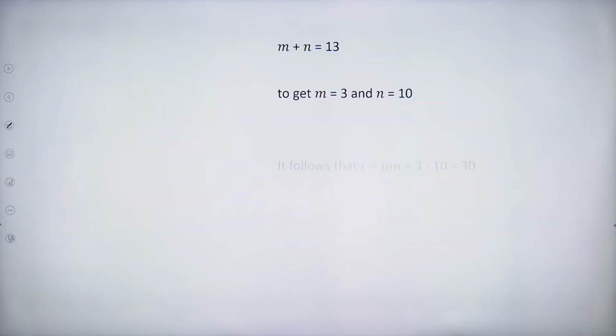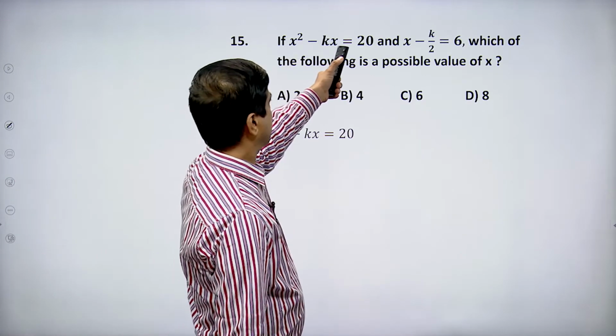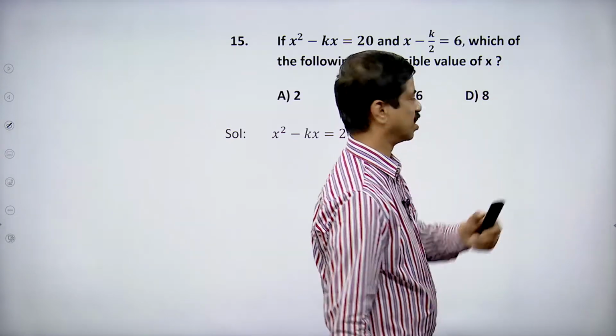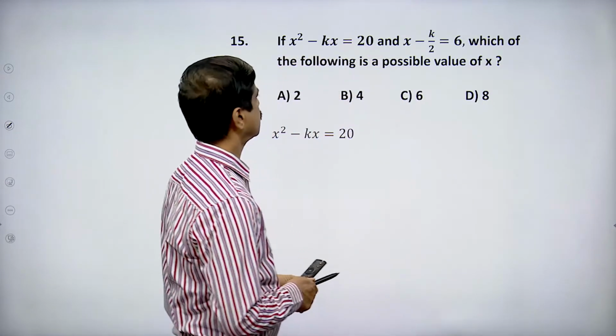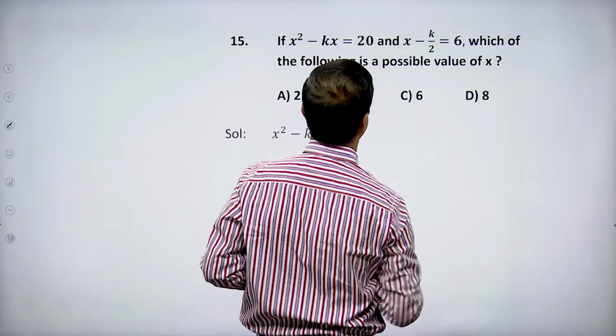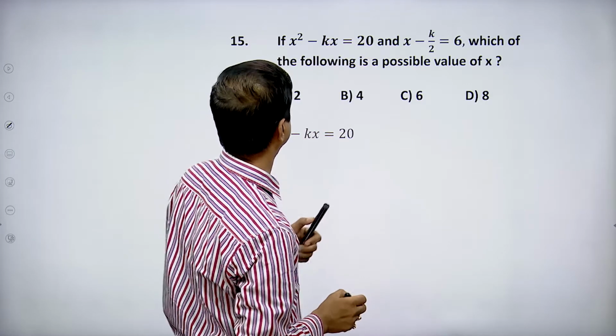Right, let us go to the next question. x square minus kx minus 20, and this, which of the following is a possible value of x? So in this case we have k, in this case we have k. So he is asking what is the possible value of x.